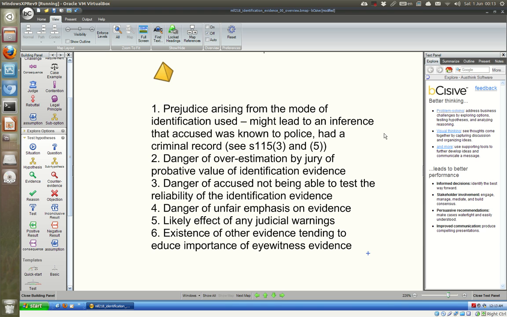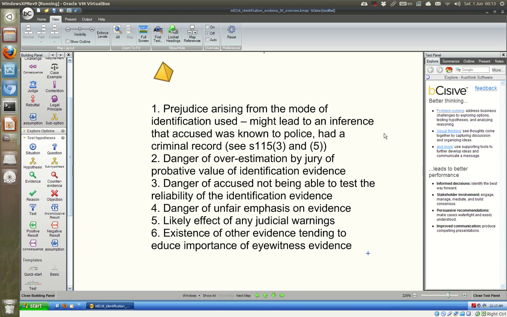The danger of overestimation by the jury of the probative value of identification evidence. The danger of the accused not being able to test the reliability of the identification evidence. The danger of unfair emphasis on that evidence.